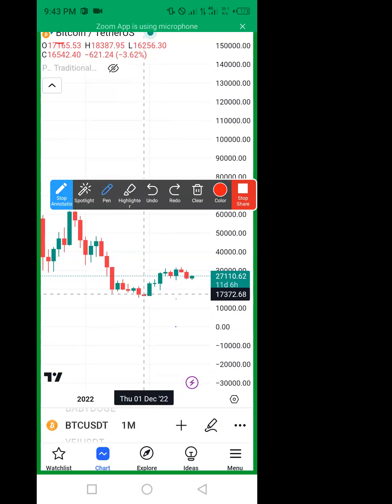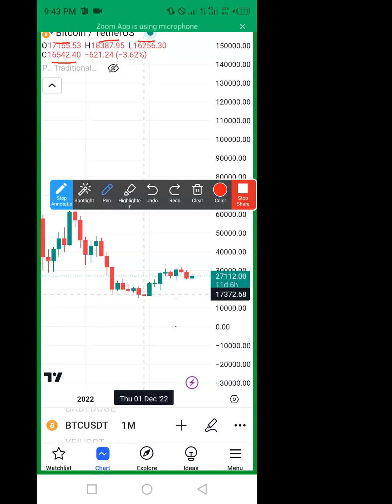The open is here. Open was 17,165. The highest that it went was 18,387. Then the lowest it went was 16,259.